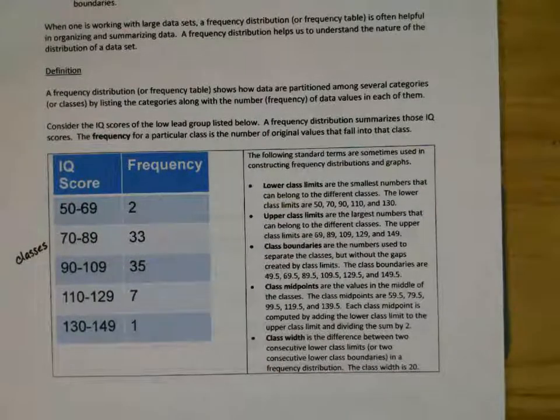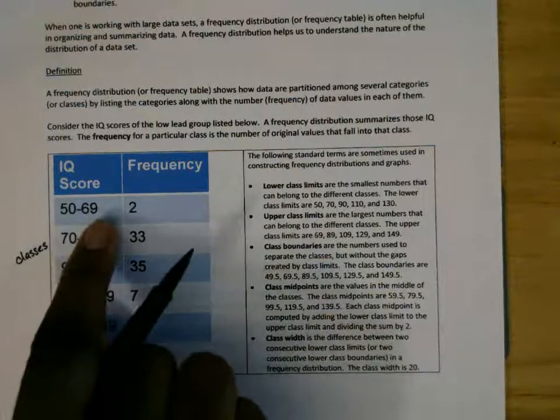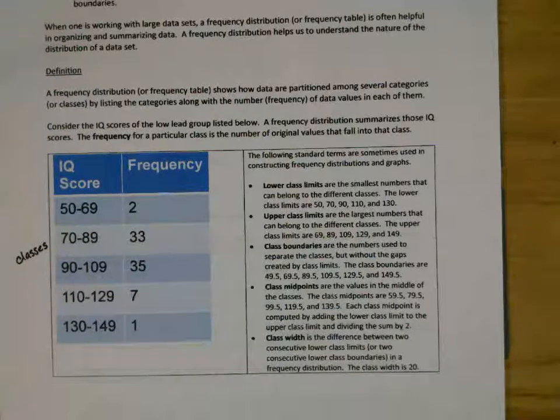That's how many data values fall within each of those particular classes. So for 50 to 69, there are two data values within that class for the IQ score. For 70 to 89, 33 is the number of data values that fall between 70 and 89, including those two, 70 and 89, and so on.